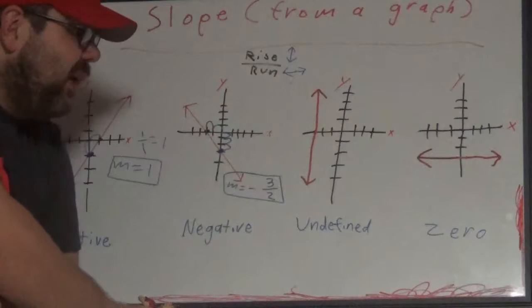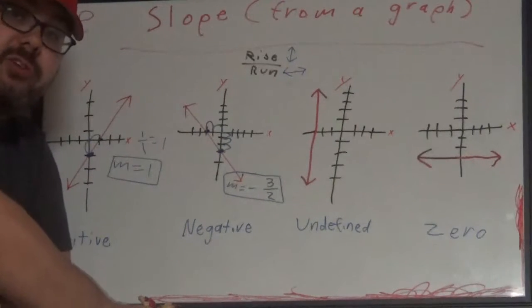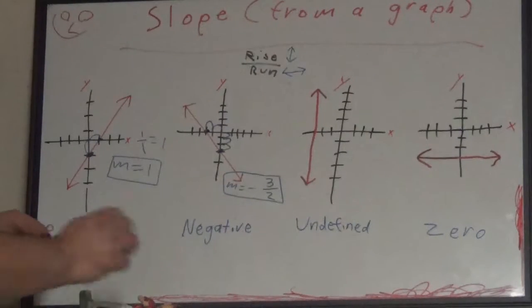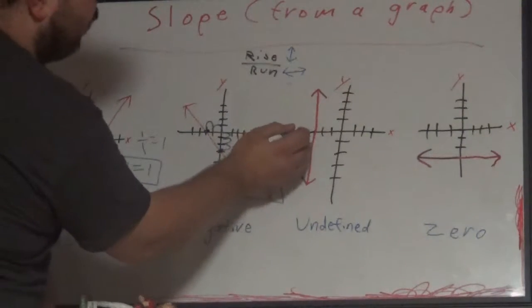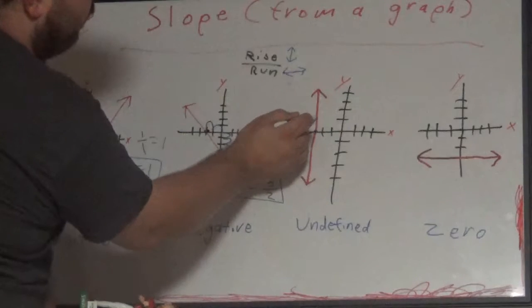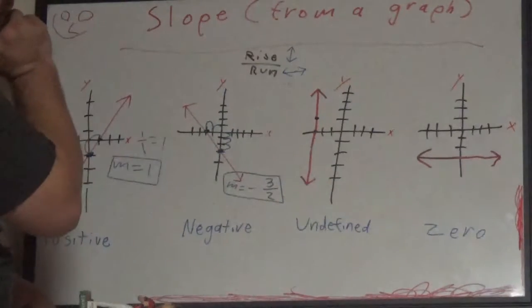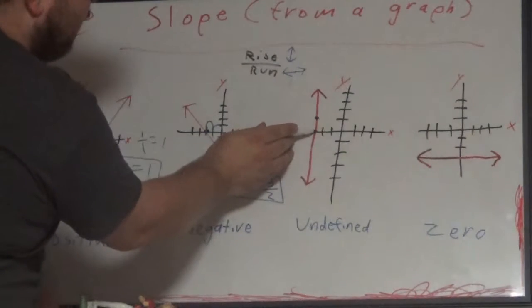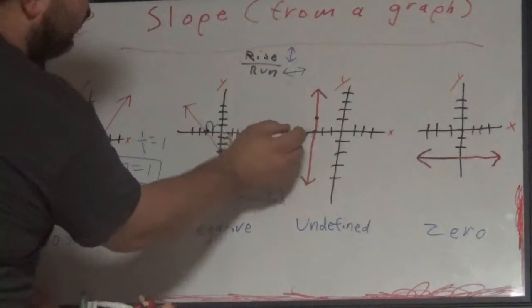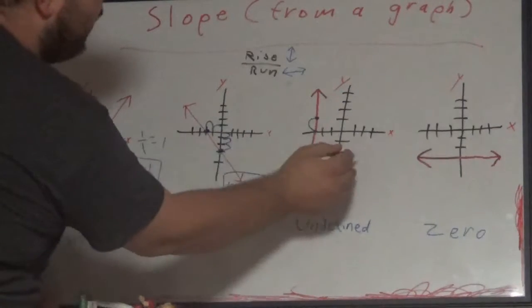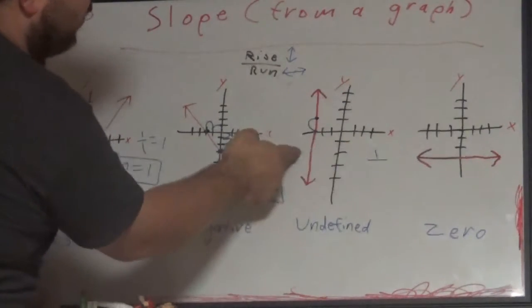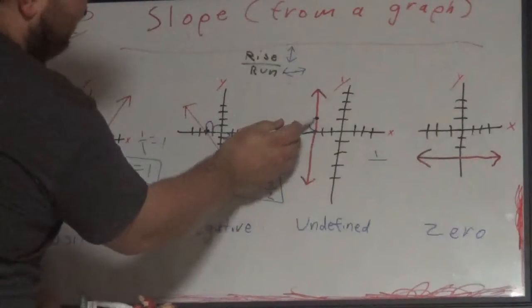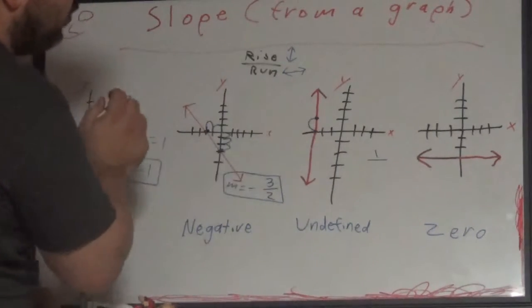Next we have undefined. I could take 2 points on the graph. I am going to show you why this is undefined. Rise over run. How far do I go up? 1 unit. By the way, is it positive or negative? It's neither, so I'm not going to put a negative sign. And then I'm going to say, how far do I go over?